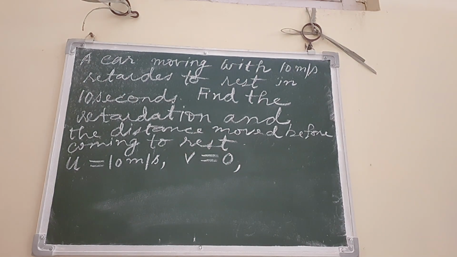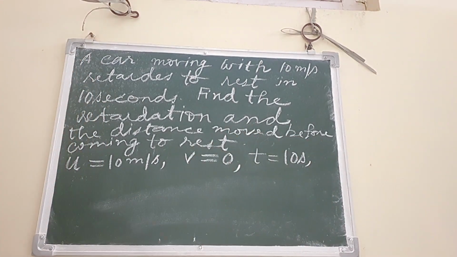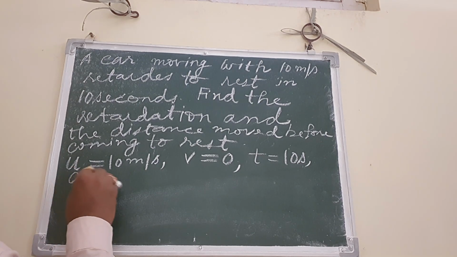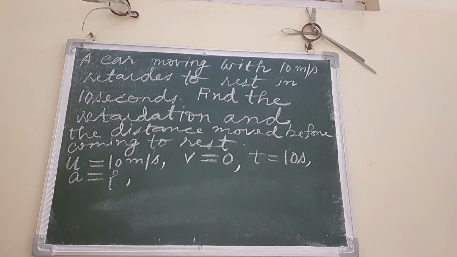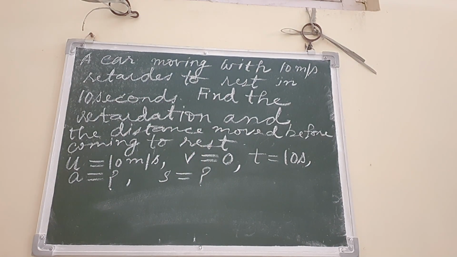In time, that is 10 seconds. Find the retardation and the distance moved before coming to rest. So we have to find the retardation, and the distance moved s we have to find before coming to rest.